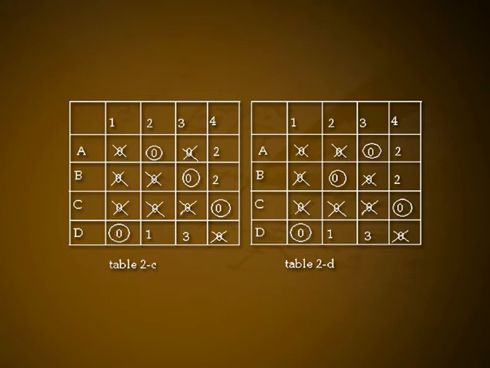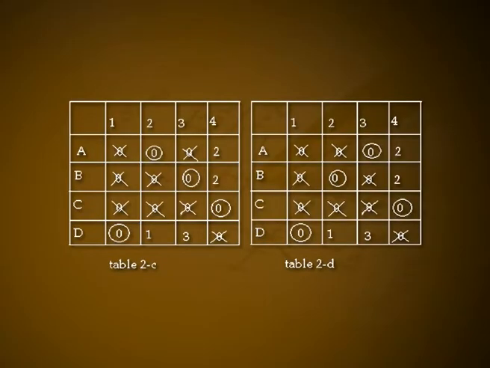If we made an assignment in the first row, second column and crossed zeros of the second column, then the second row contains only one 0 in the third column where we can make an assignment. See table 2C. Similarly, if we made an assignment in the first row, third column and crossed zeros of the third column, then the second row contains only one 0 in the second column where we can make an assignment. See table 2D.